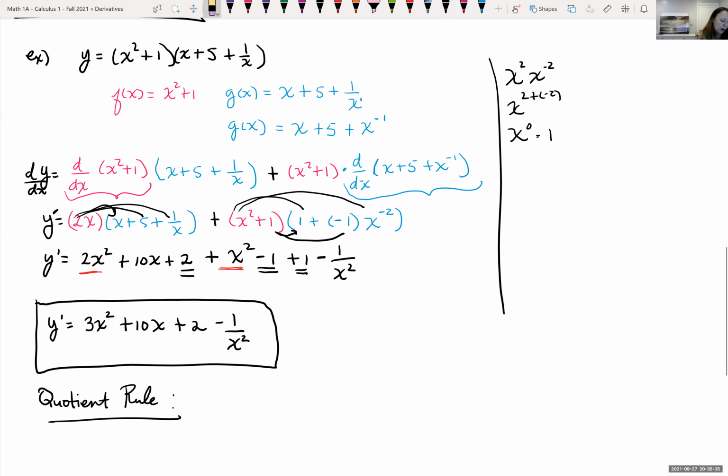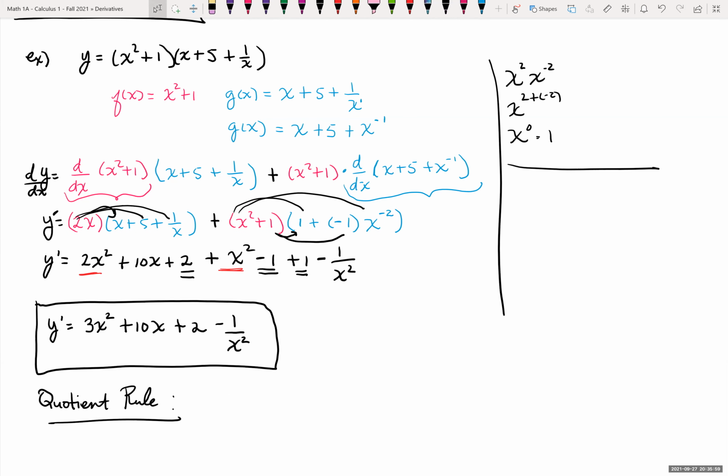Oh, because the derivative of a constant is always 0. Oh, okay. So that derivative of 5 was 0. So for the previous step, why isn't it 0 over there? The previous step, which one? The one just to the left of it. Because we are not taking the derivative over there.